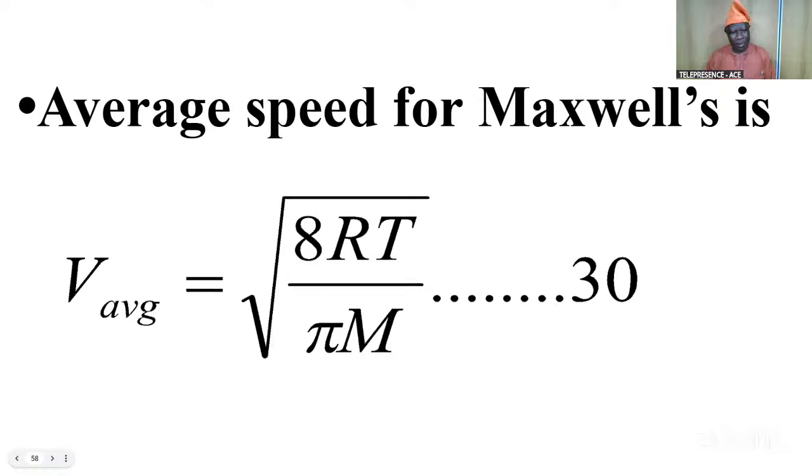Then you cross multiply, and capital M comes out. You now have v average squared multiplied by pi M equals 8RT. Your M now becomes 8RT divided by pi times v average squared. So substitute your values and you get your answer.